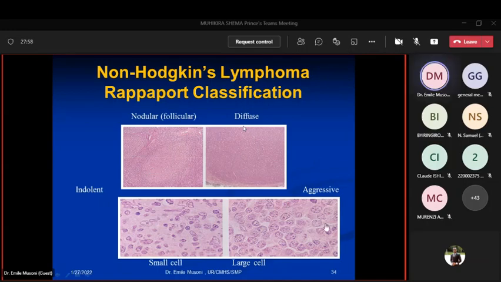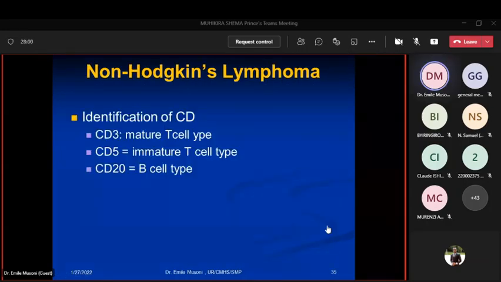For immunohistochemistry, CD3 is for T-cell, mature T-cell, CD5 is for immature T-cell, CD20 is for B-cell type. This is why after the diagnosis of lymphoma, you have to do CD3 and CD20 to know if it is B-cell or T-cell.